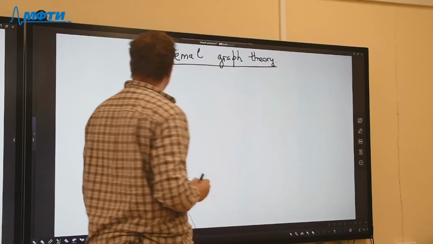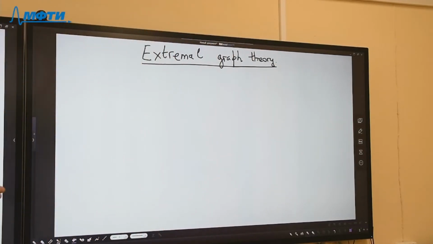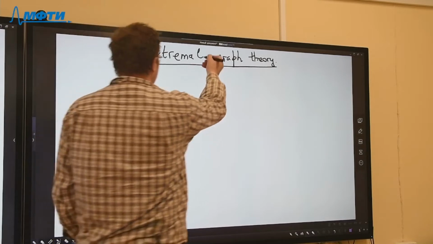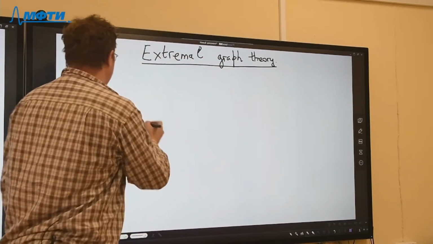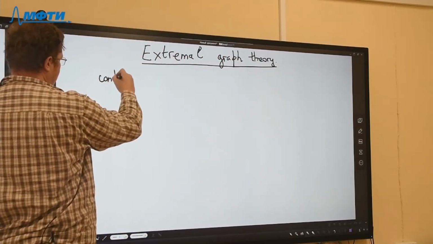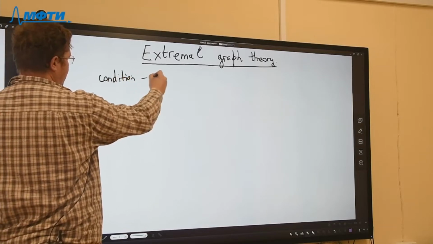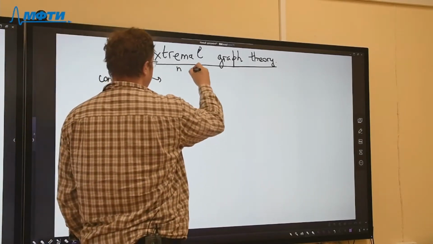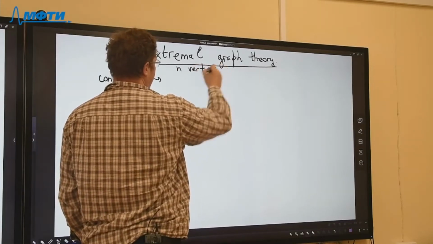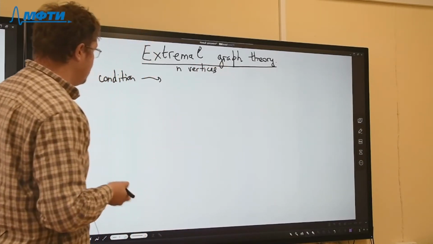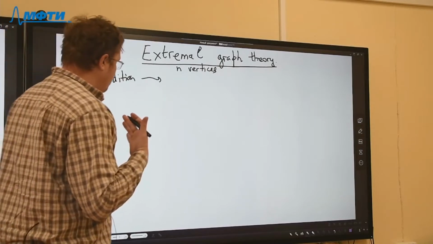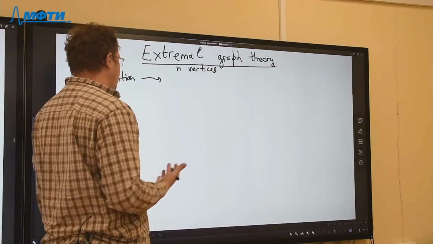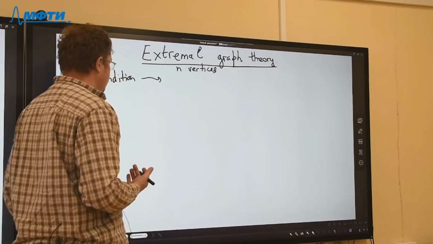And by extremal, I mean that we want to make some condition, fix the number of vertices of the graph, and try to find the minimal number of edges or maximal number of edges which satisfies this condition.